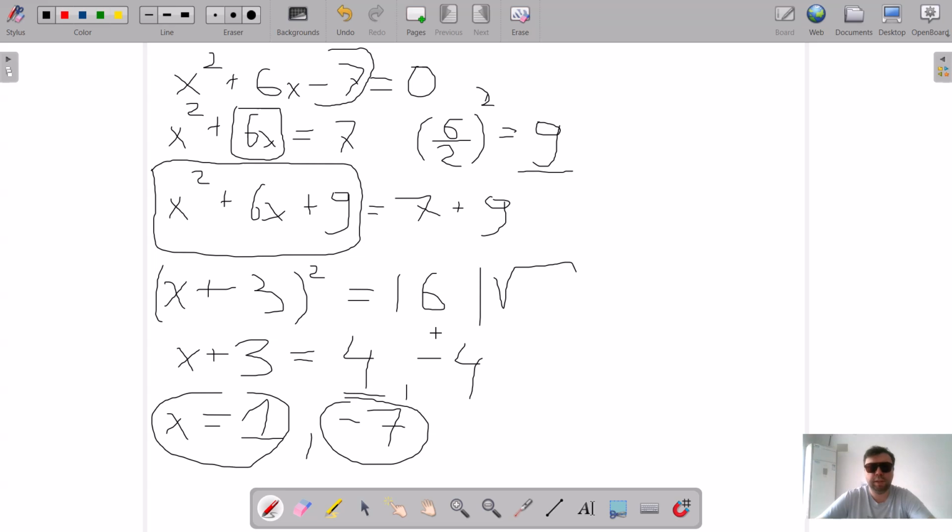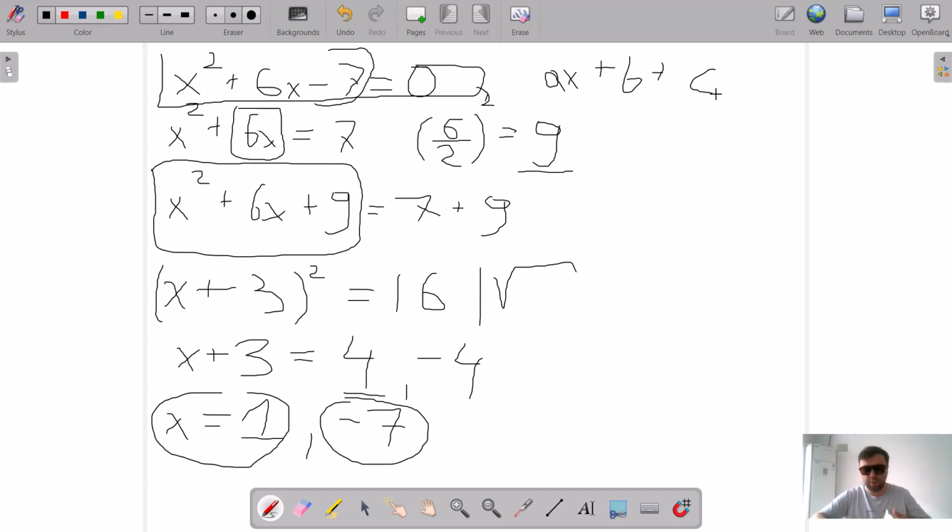Okay, next I will show you how we can convert this standard formula. A standard formula of a quadratic equation is ax squared plus bx plus c, right?